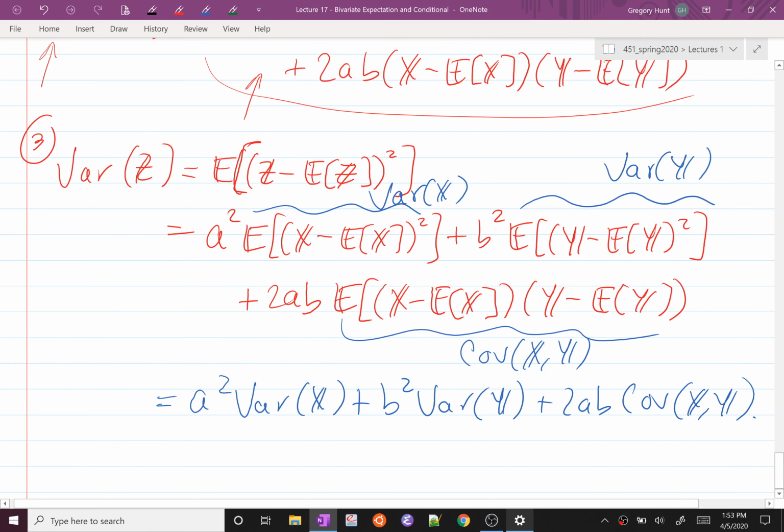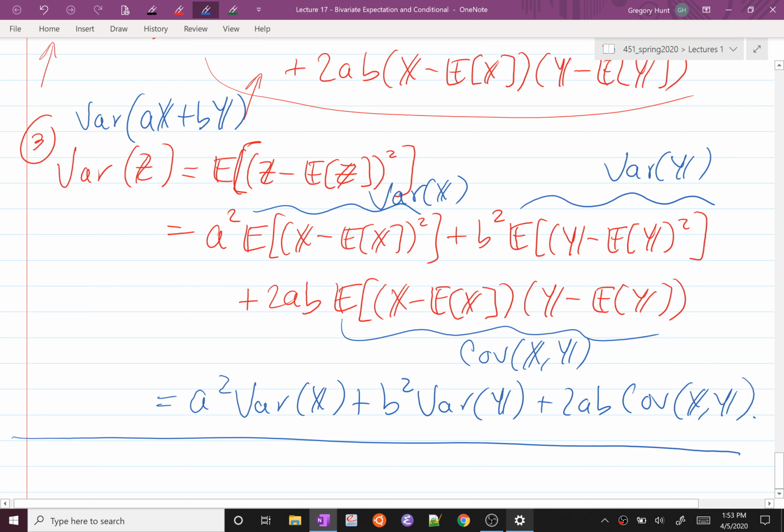And that's what I claimed: the variance of z, which is ax plus by, is a squared variance of x plus b squared variance of y plus 2ab covariance. The proof is just a lot of notation. Not very complicated, it's just some algebra and knowing that expectation is linear. Okay.